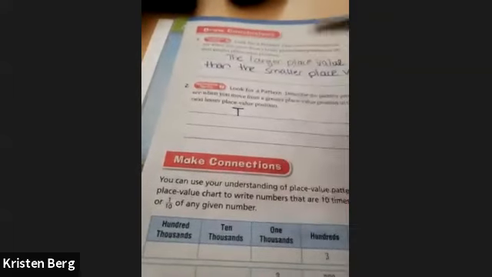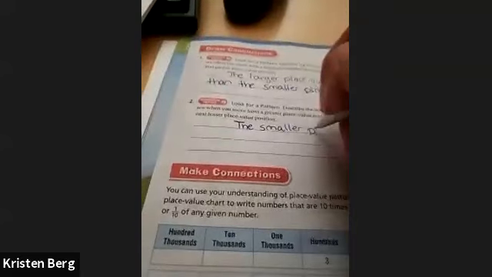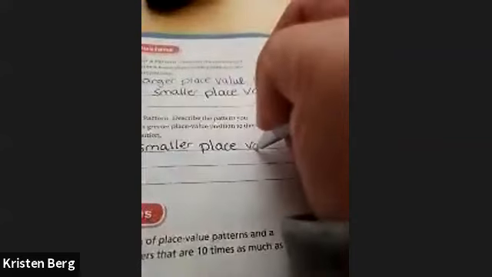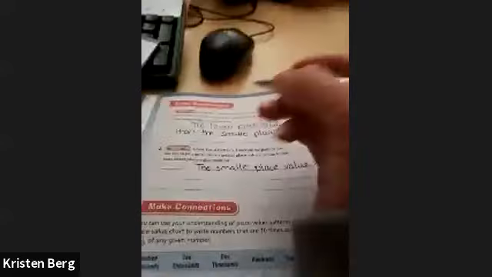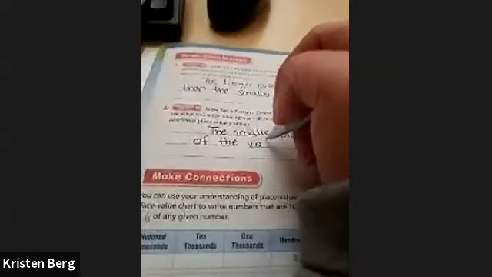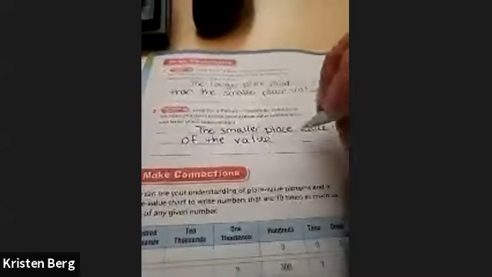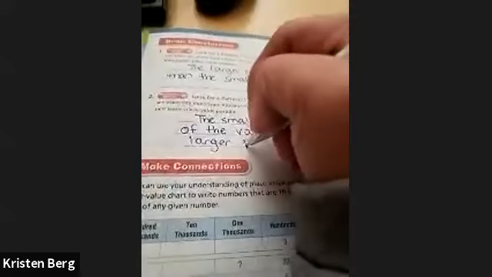The next smaller place value position is 1/10 or times 10th of the value than the next larger place value.